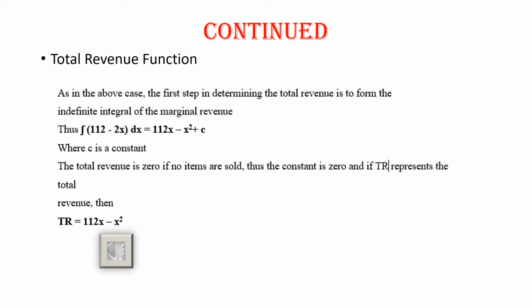Therefore, the constant is always 0 if there is no function done, and for that reason our C will be 0. Therefore, we retain our function as total revenue being 112x minus x squared.